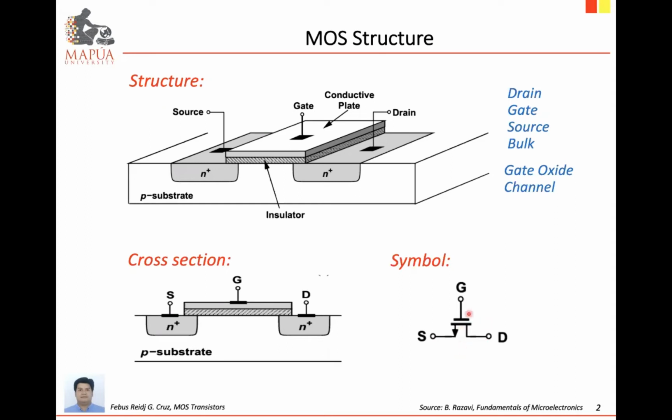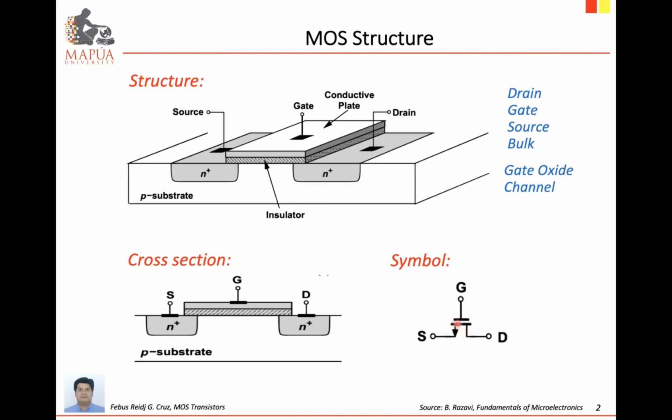Whenever you have a 3-terminal schematic symbol, the assumption is that the substrate or the bulk is shorted or connected with the source terminal. So drain, gate, and then source, and the bulk is understood to be connected together with the source terminal.